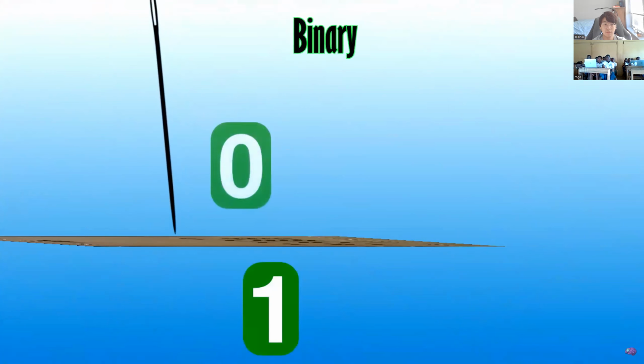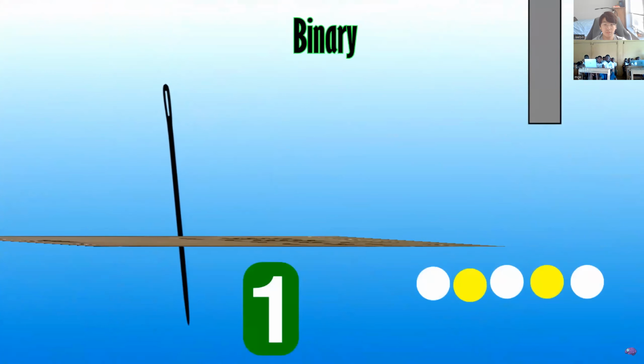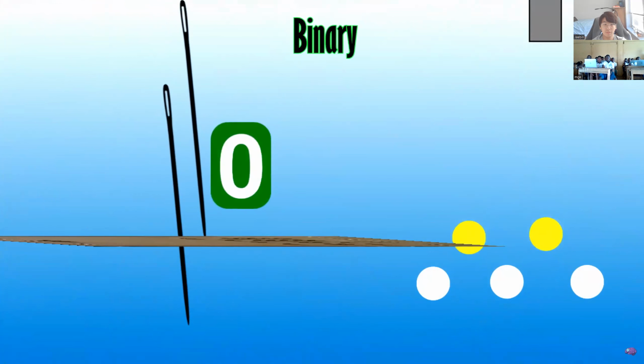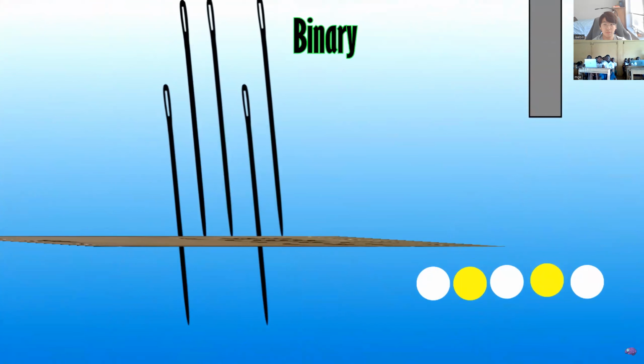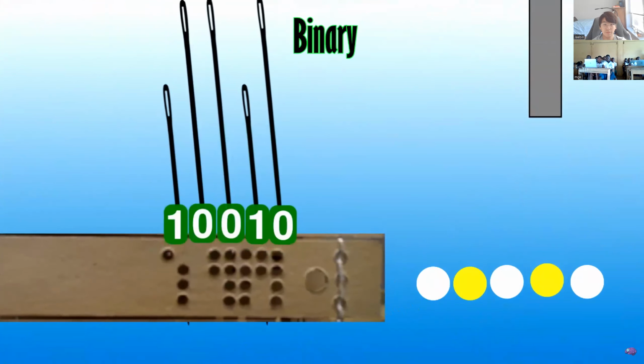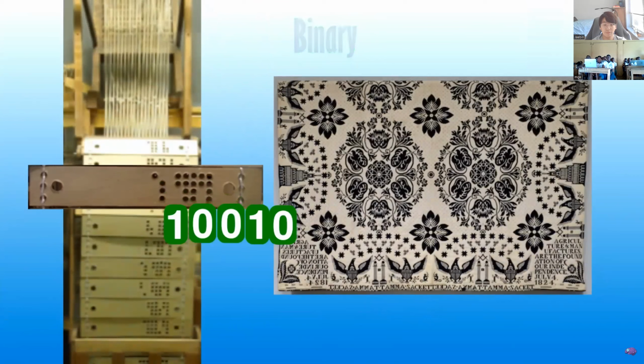It's a 1 or it's a 0. And so if the pin goes through the hole, it would allow a rod attached to it to lift, which lifts the string and lifts the associated thread. And if the pin does not go through a hole, the pin doesn't move and the thread doesn't move. So essentially, the card would hold a preset pattern that is read by the loom and serves as a guide, giving the direction to the threads one at a time. And with this contraption, you could create very fancy pieces of weaving.